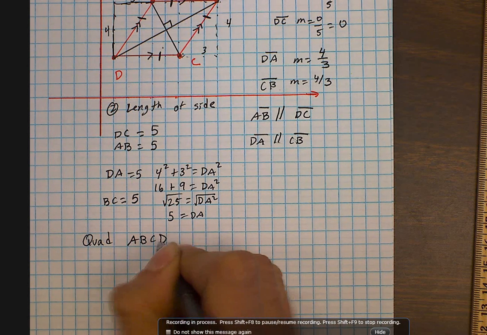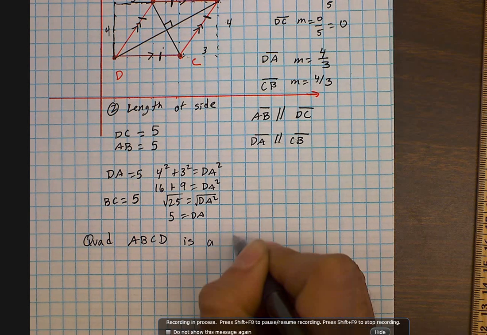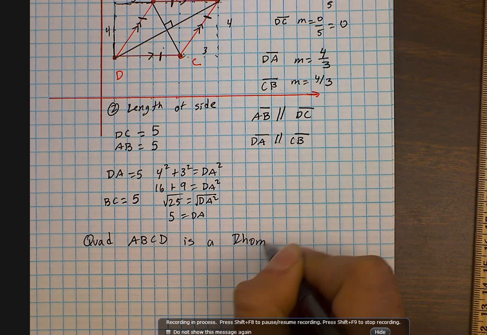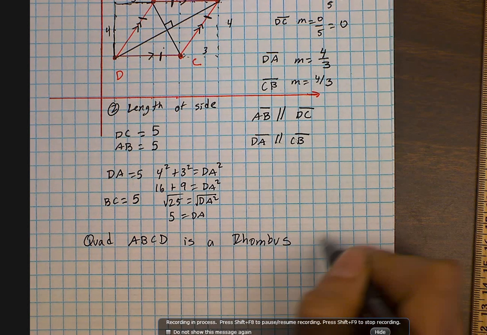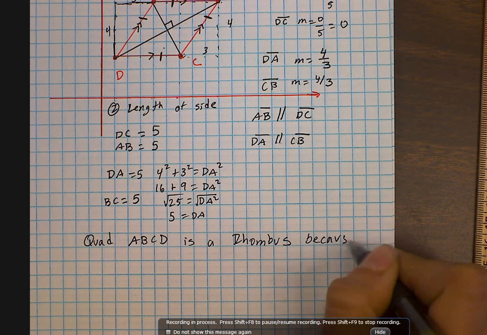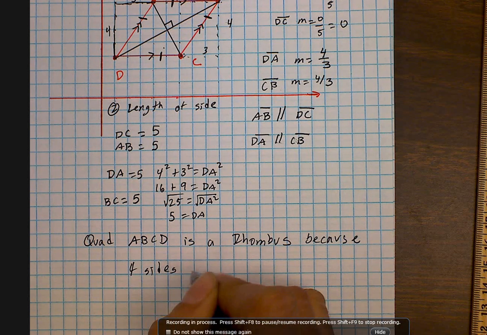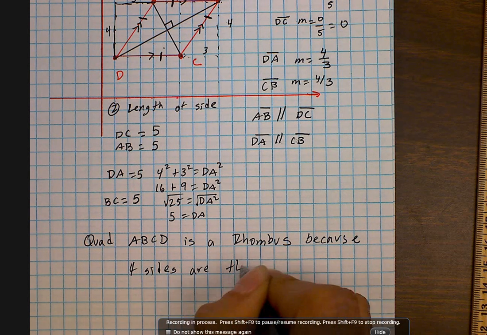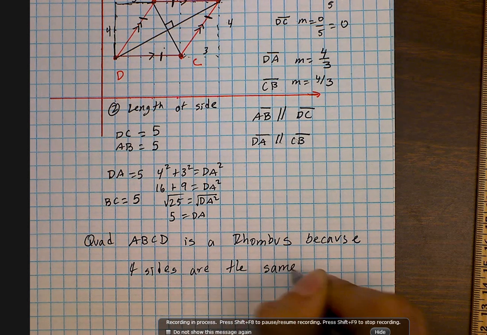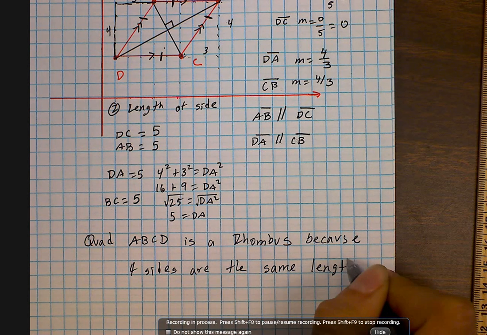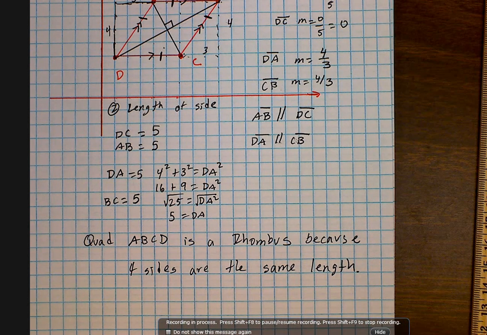ABCD is a rhombus. It's a rhombus because 4 sides are the same length. Okay, so that's pretty much all you have to do for all of them.